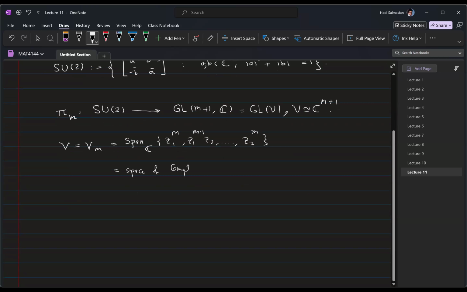So it's basically the space of homogeneous polynomials of degree m with complex coefficients.